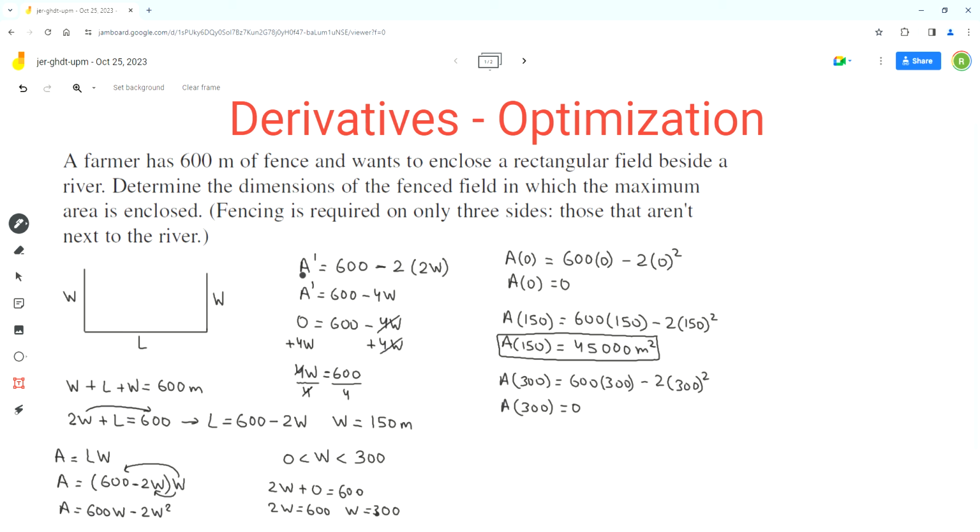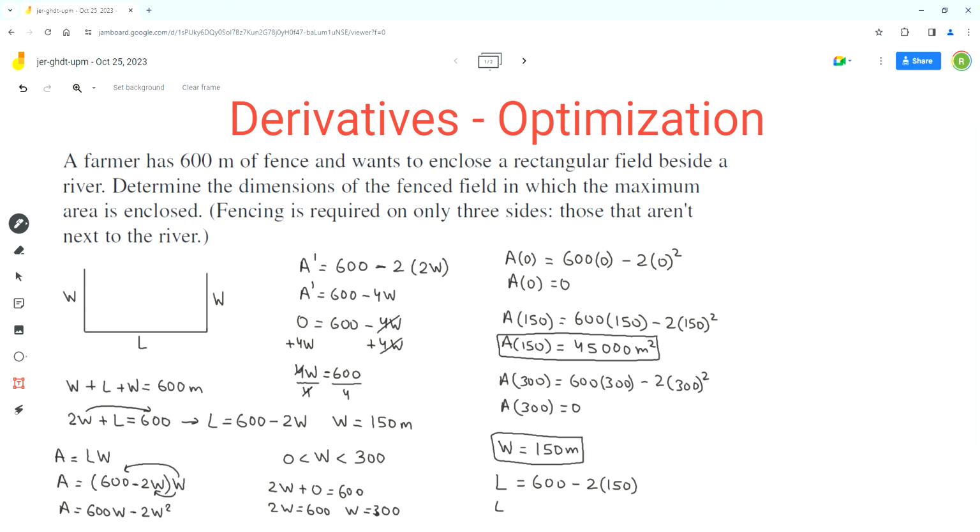Now we have to determine the dimensions. So that means the width of the rectangle should be equal to 150 meters. Now we can find the value of L, and for that we can use this L equation in which we isolate L from the length equation. So L equals 600 minus 2 times 150.